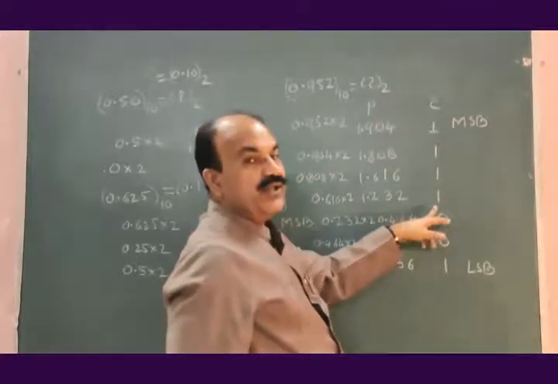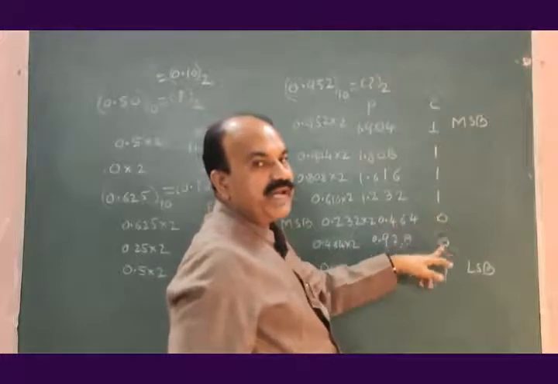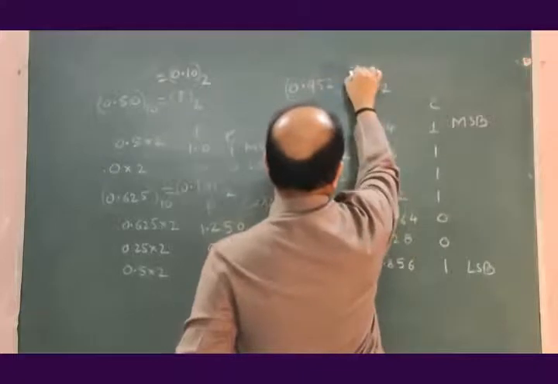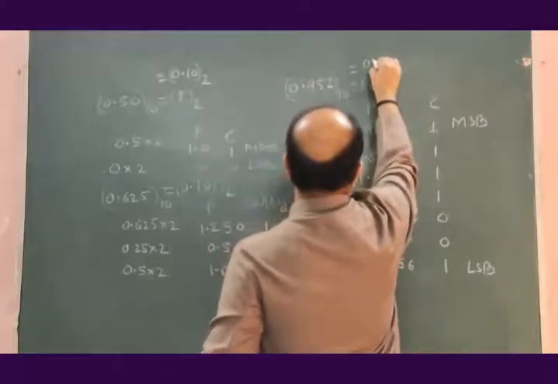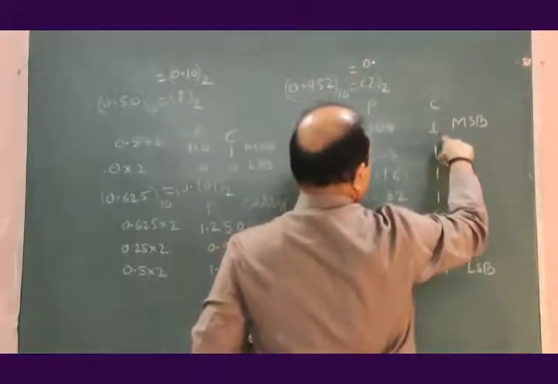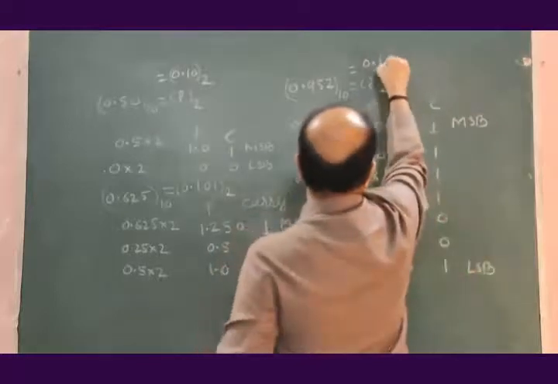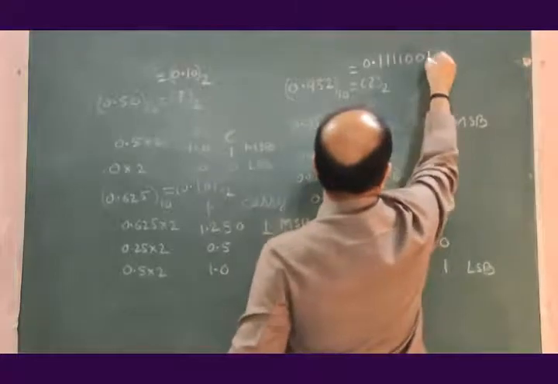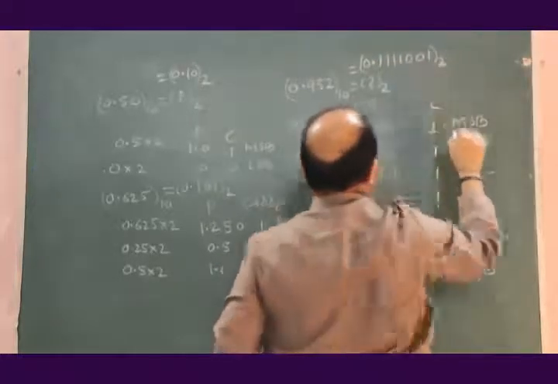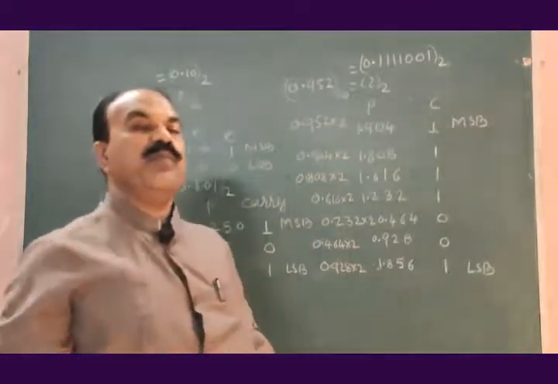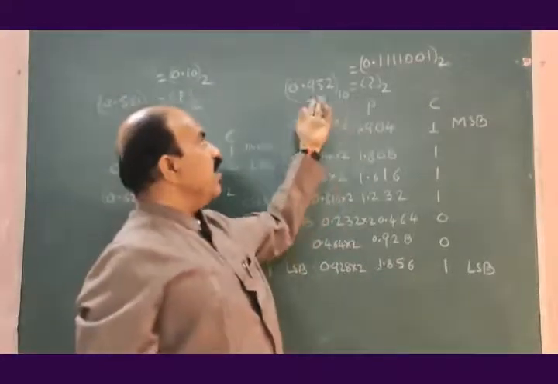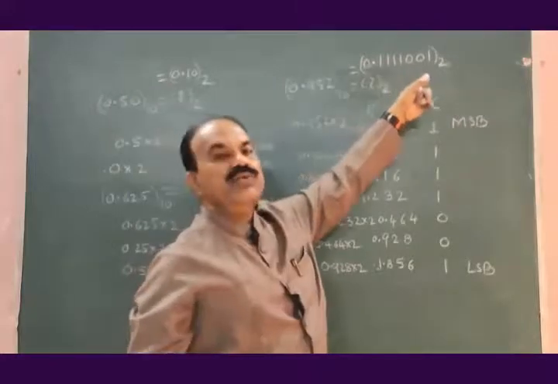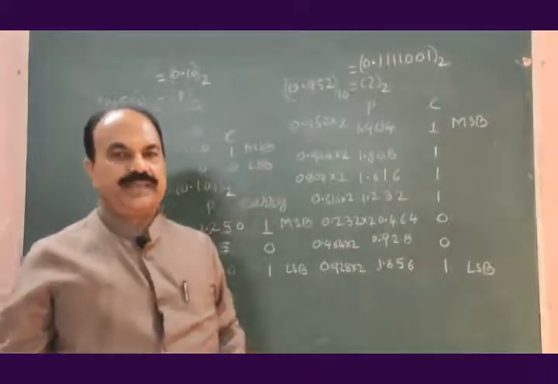You got 2 carries as zeros, and therefore this is equal to 0.1111 0 0 1. This is the most approximate value of 0.952 in decimal into equivalent binary.